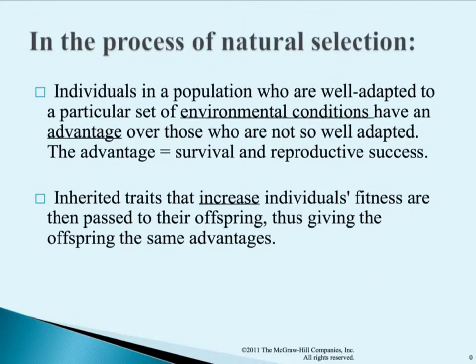So, to review, the process of natural selection happens in nature. Individuals who are well adapted to a special set of conditions have an advantage. They're going to do better because they adapt better over those who are not well adapted.